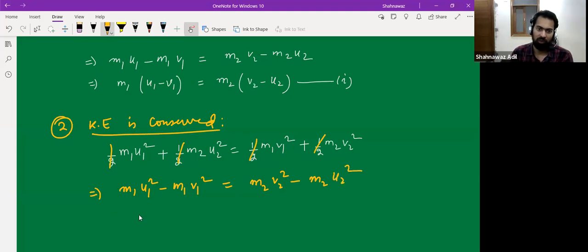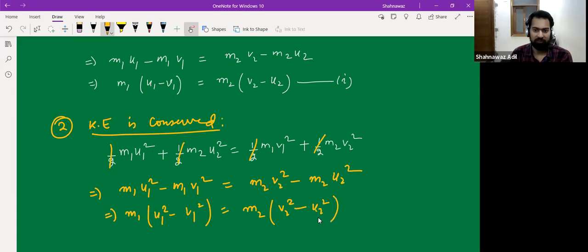Right. So m1 (u1 square minus v1 square), and this is m2 (v2 square minus u2 square). Right.